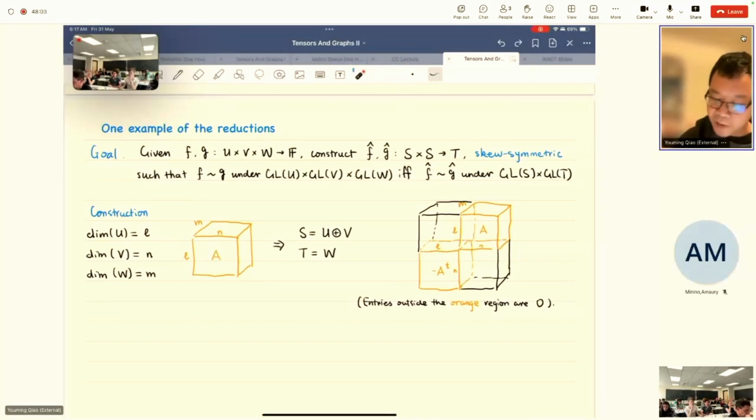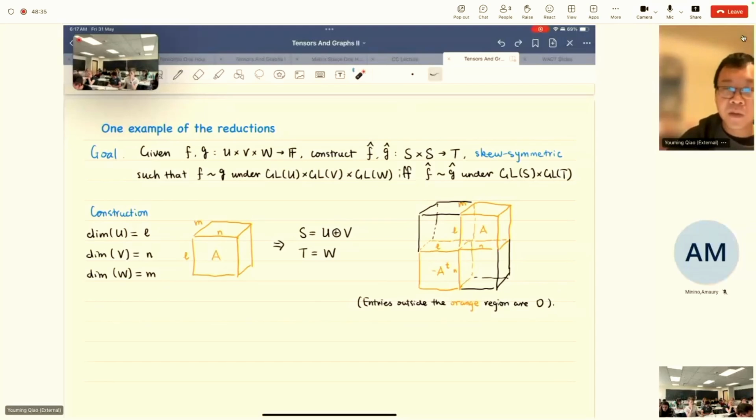For skew-symmetric bilinear maps, you have S cross S to T, where it also should be skew-symmetric. And starting from such trilinear forms, we are going to construct bilinear maps such that these two trilinear forms or tensors are equivalent under the action of 3 invertible matrices if and only if these two bilinear maps are equivalent under the action of 2 general linear groups.